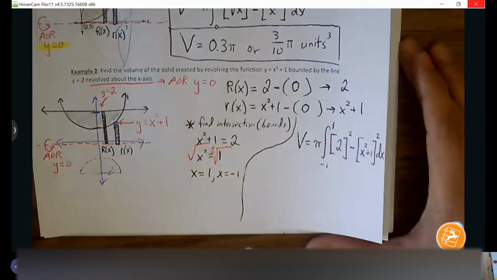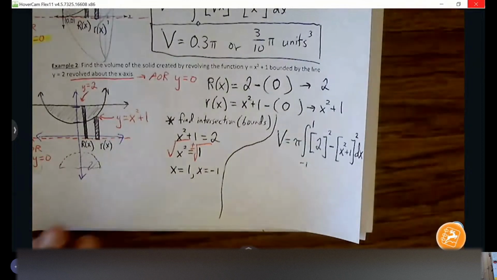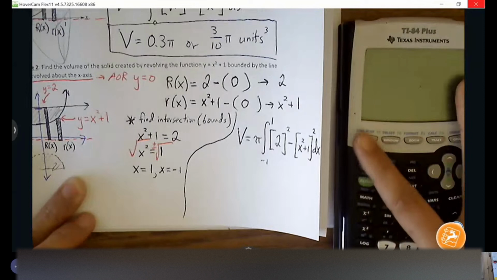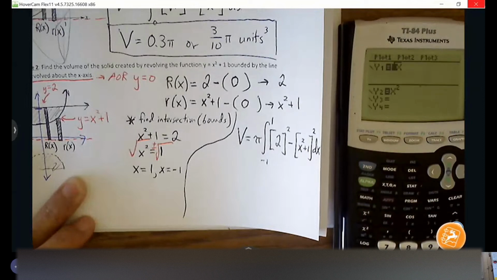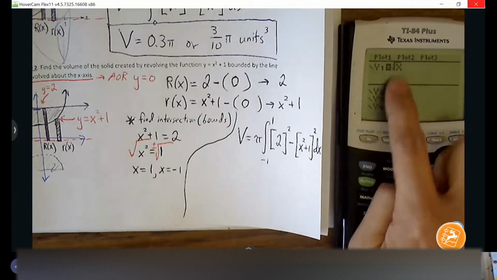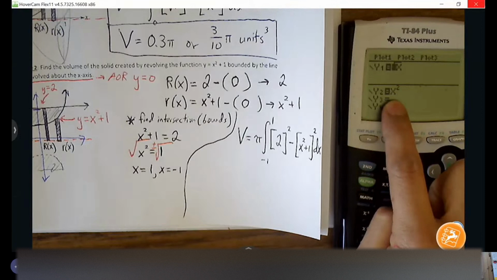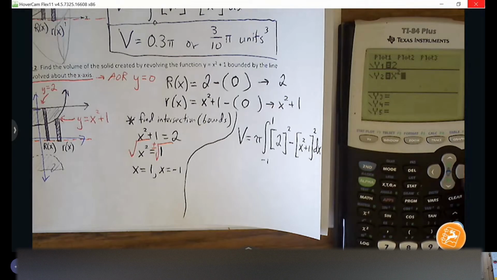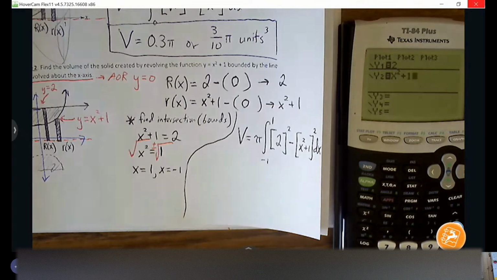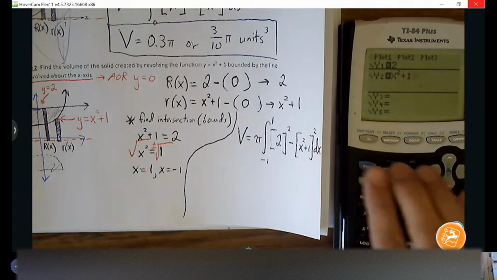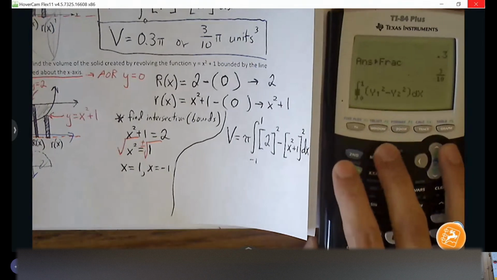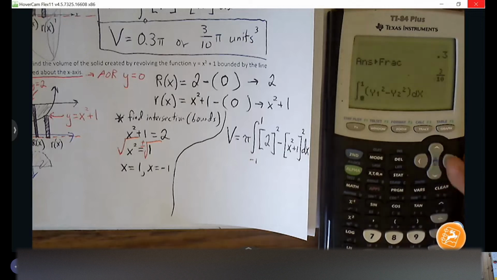All right, we'll practice entering this into the calculator. But if you have an 84, I would go to y1 and let y1 hold big R and let y2 hold little r. Okay, go back to your home screen. My template is already here.